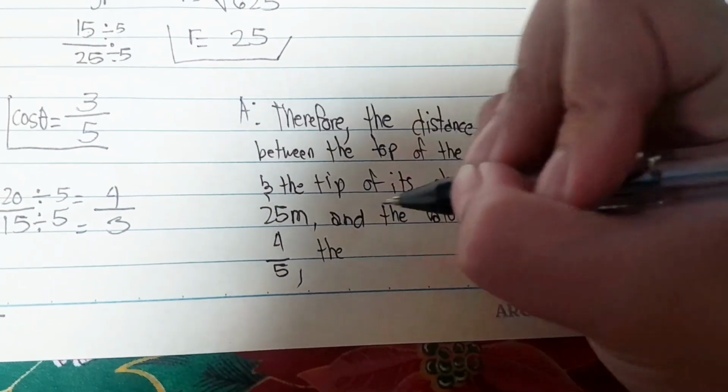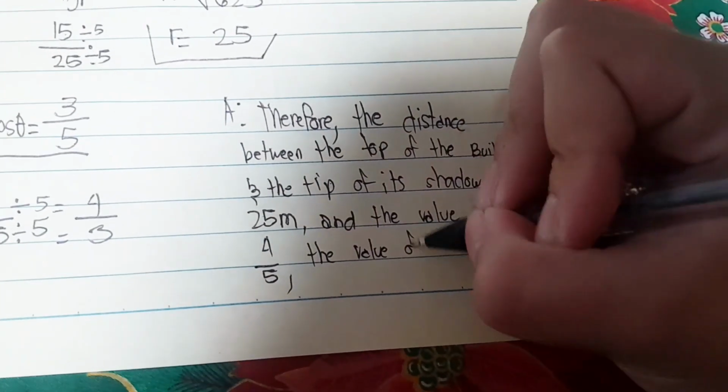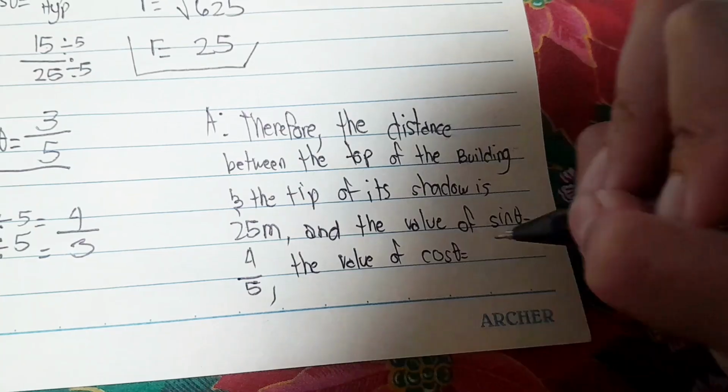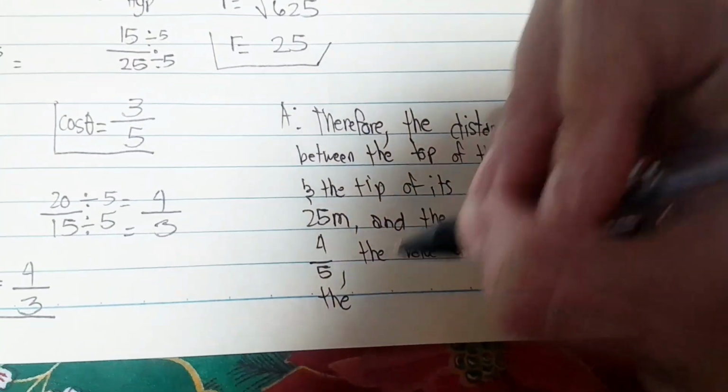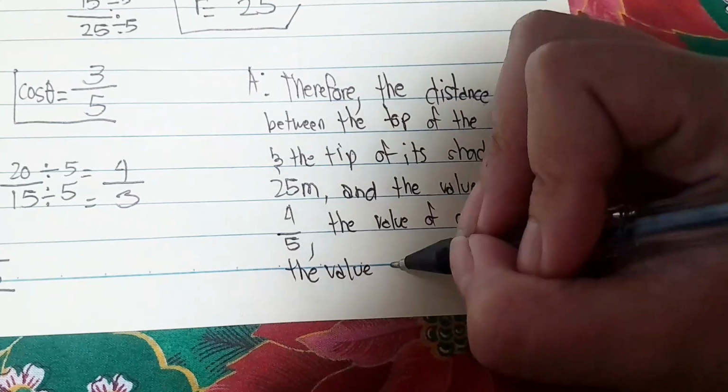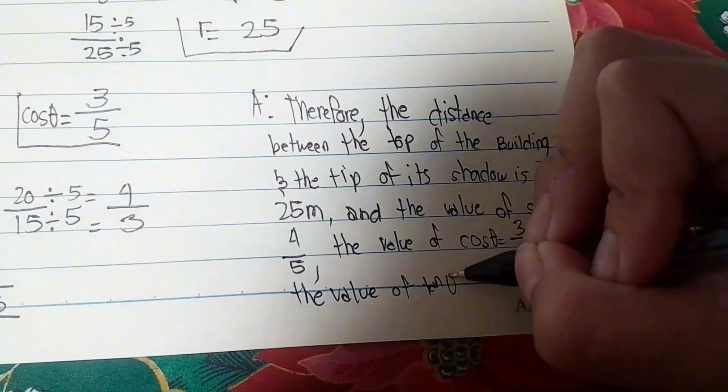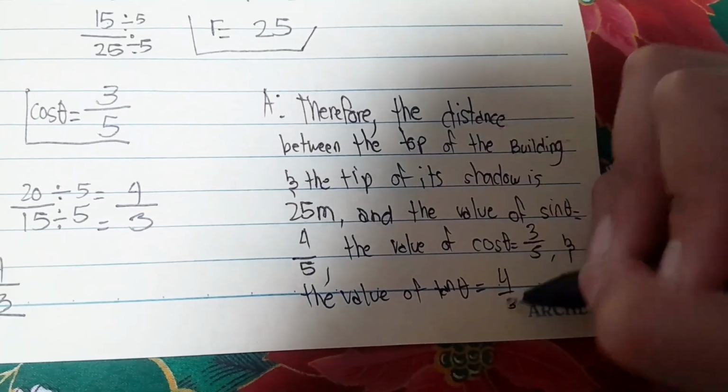The value of cos theta is 3 over 5, and the value of tan theta is 4 over 3.